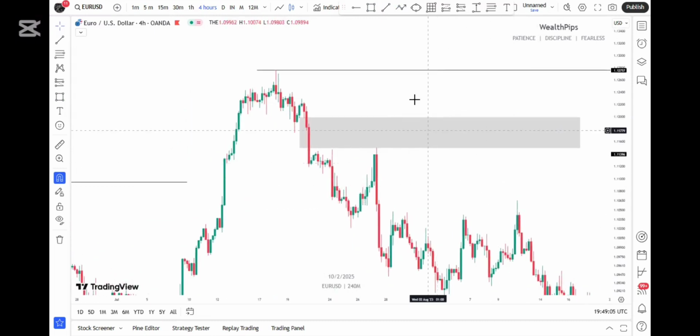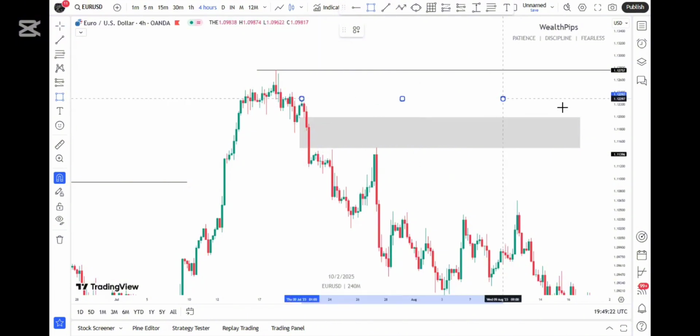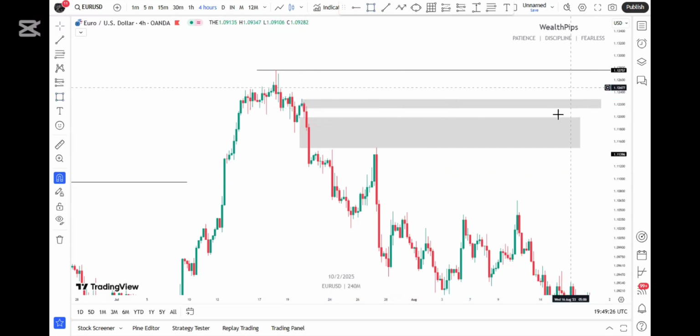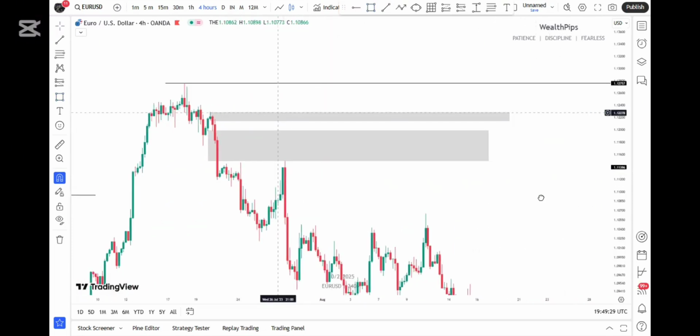Another block is the last green candle that formed before an aggressive pullback to the downside or an aggressive pullback to the upside. Now, where is the last green candle that formed before the aggressive pullback to the downside? Is here.